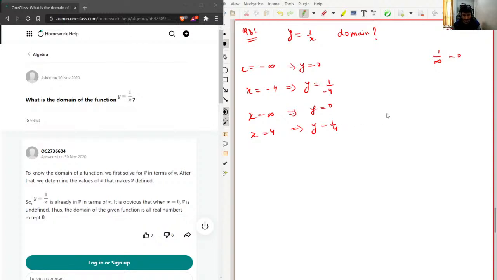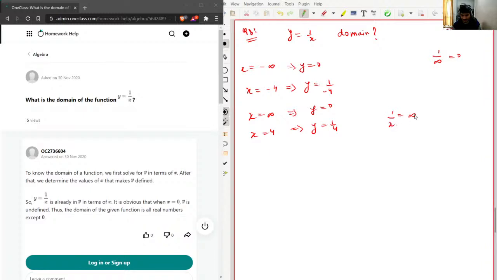What we can do here is put 1 over x as infinity or undefined, so that we'll get the values of x where the function is going to be undefined.